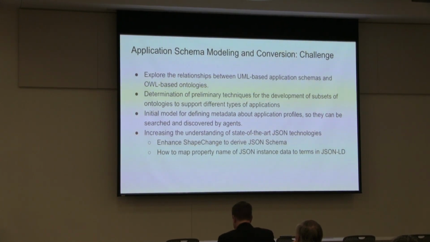And also there were some complex analytic linked data applications that can be supported with these, and increase the OGC community's understanding, for example, of the state of the art of JSON schemas. Why? Because when we're using these linked data applications, we're using JSON for linked data.